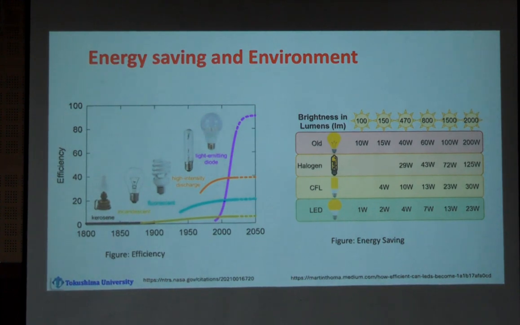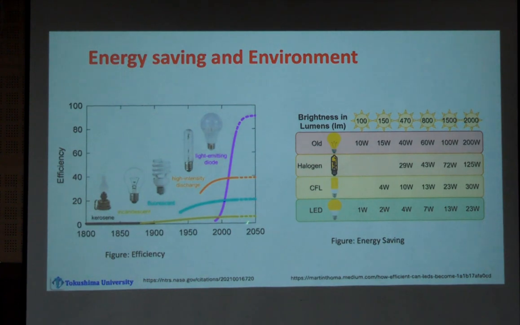They can produce high brightness, because if you look at this, this is 100, 150, 470, 800, 1100, 1500 and 2000. This is lumen, which means intensity.